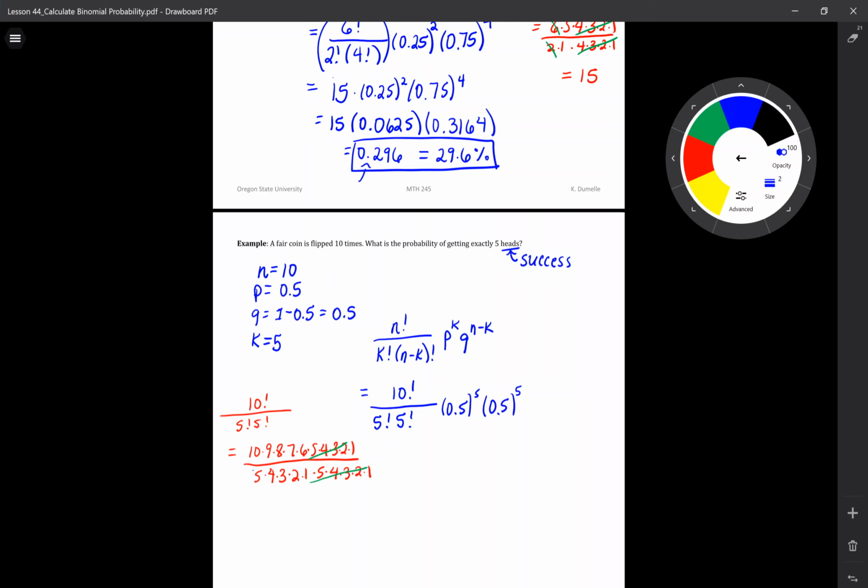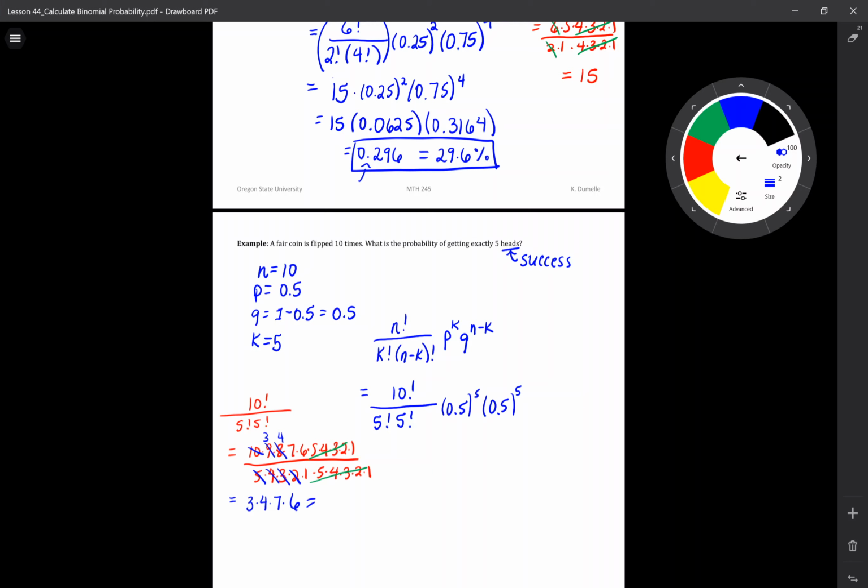So I'm going to cancel this 5 times 2 with this 10. I'll cancel this 3 with this 9 and we'll be left with 3, and this 4 with this 8 and we'll be left with 2. So I'm left with 3 times 4 times 7 times 6.